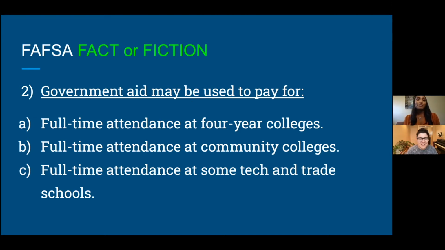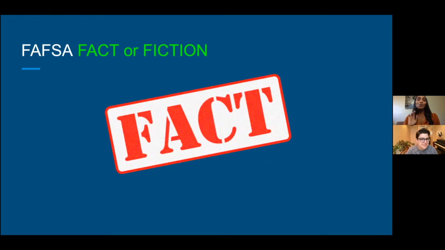I'm going to go ahead and say I think that's a fact. And Chris, you are absolutely right. Awesome. You can use your FAFSA form, your financial aid form, to pay for a four-year college, a two-year college, as well as a trade school. And not a lot of people know that. You can actually absolutely use FAFSA to apply for trade school as well. All right, so let's move forward.